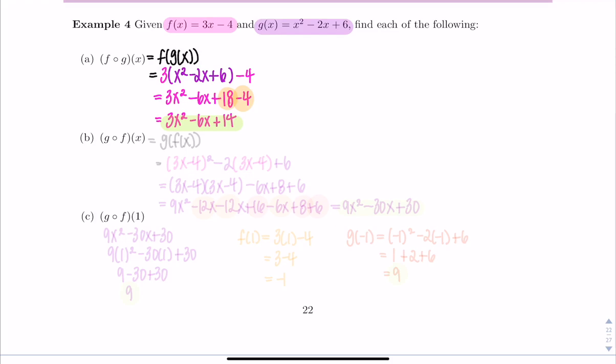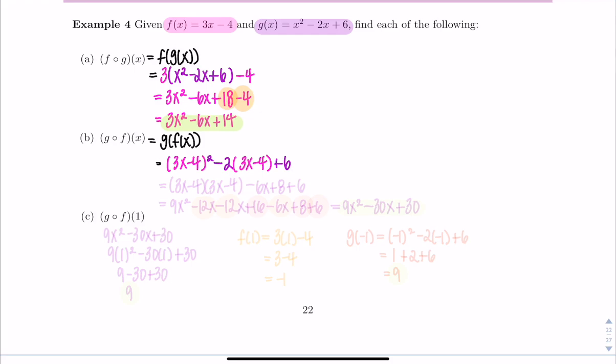So in this one, it's g of f of x. So I am plugging f of x into g. So wherever I see an x in the g function, I will plug in f of x. So we've got x squared, so we've got 3x minus 4 squared, minus 2 times 3x minus 4, plus 6.